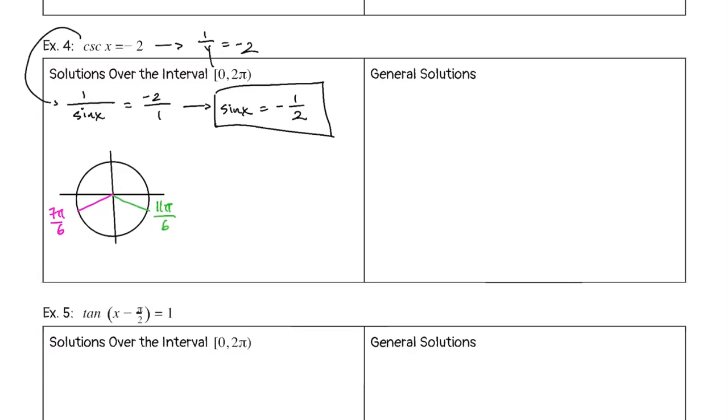Now Ethan actually asked a really important question earlier. So this pink line and the green line, are they exactly halfway around the unit circle from each other? No, they're not, right? They're not 180 degrees apart. They're a little bit closer together, or a little bit further, depending on which way you count.